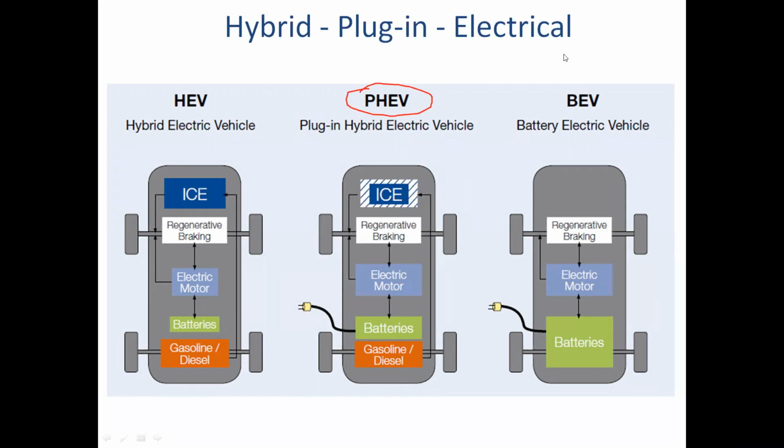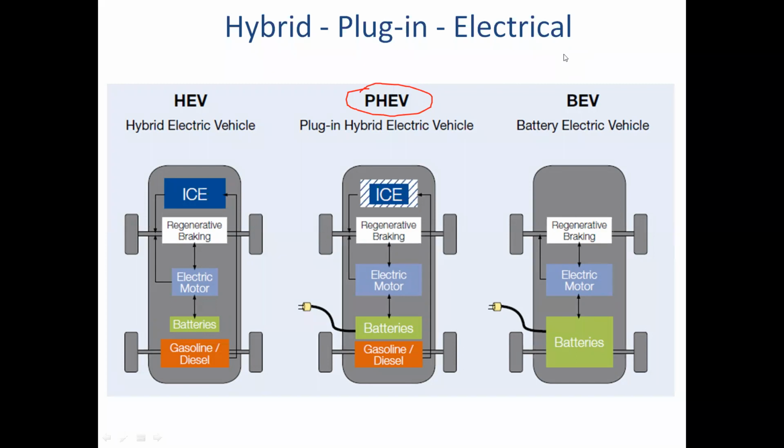It can run through plug-in charged batteries and it can run through the IC engine. In your exam, what is the long form of PHEV? Such a type of question may be asked. In that you must write PHEV means plug-in hybrid electrical vehicle.